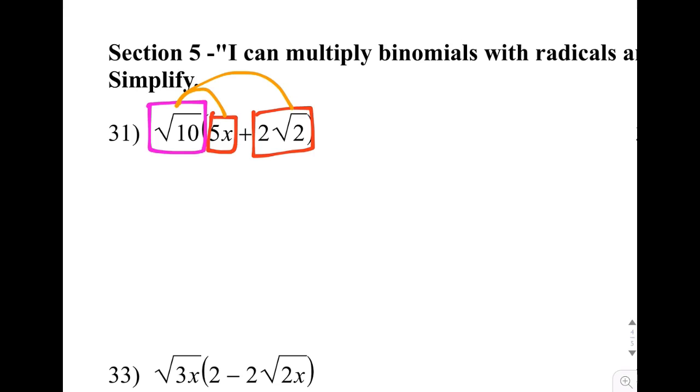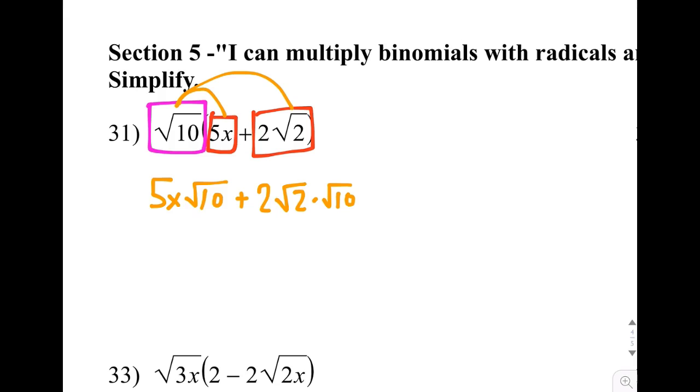The first thing we have here is 5x times root 10, so 5x root 10. Just write it like that. Second one, we have 2 root 2 times root 10. When you're writing these out, you should always write your whole numbers first and then your radical part second.